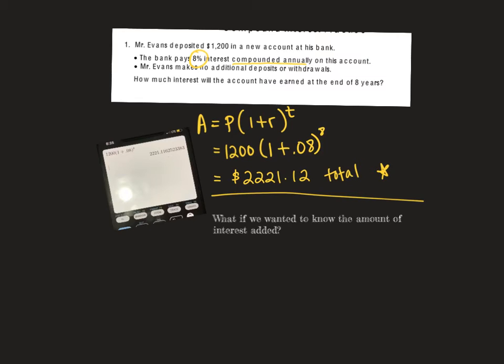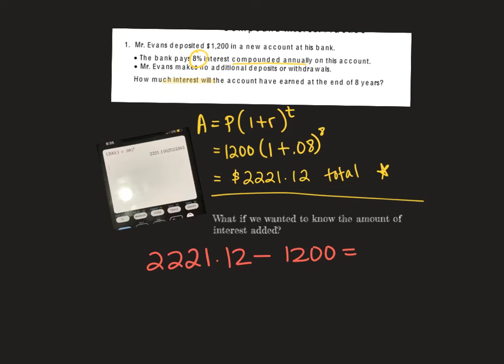But the question asks us for how much interest was earned. So since we want to know the amount of interest, we're going to take that total amount, which is the $2,221.12, and we are going to subtract our principal amount, which is the $1,200 that we started out with.